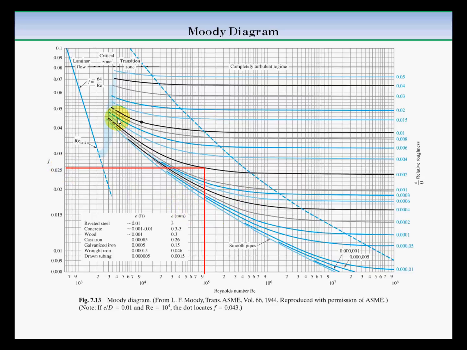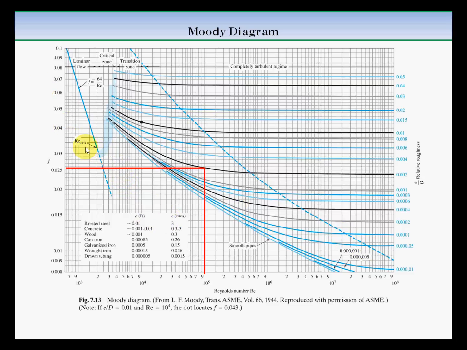0.026. If you look at the Moody diagram, you should see that there are three zones: the laminar flow zone and the turbulent zone, and in between these two zones is the transition zone and the critical zone, and they are these bands between these dashed lines.